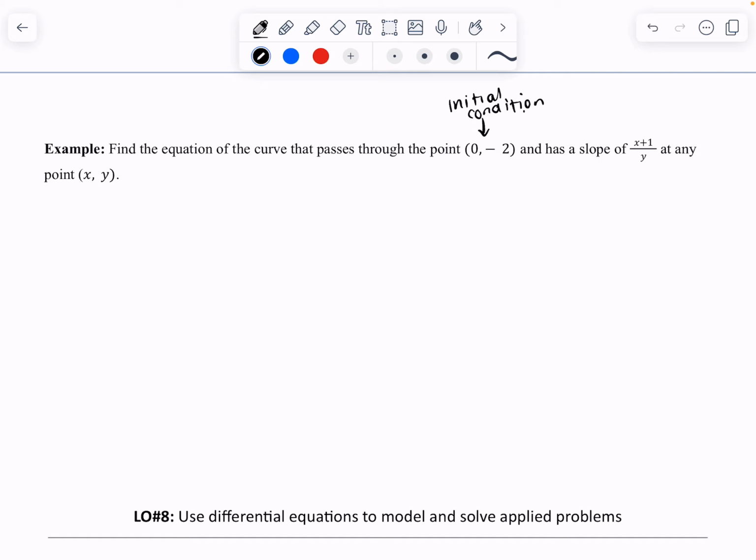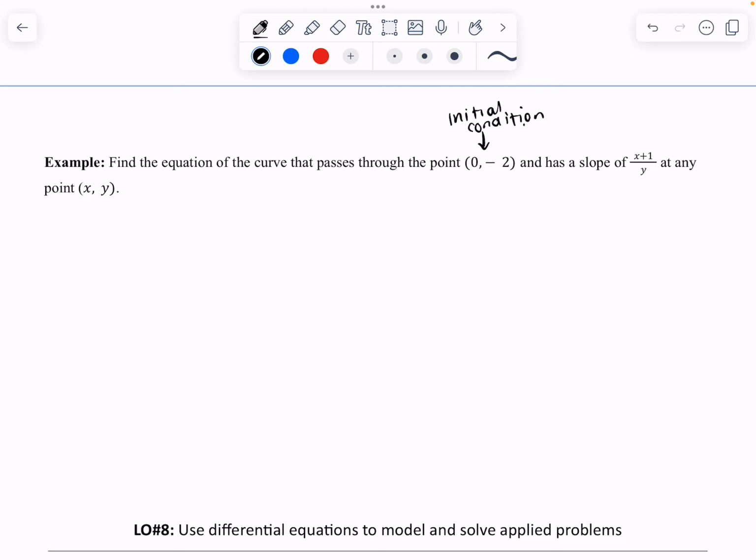So again, a little different. It doesn't look like we have a differential equation, but a slope is a derivative. So when it has a slope of x plus 1 over y, that is telling us dy/dx is equal to x plus 1 over y.